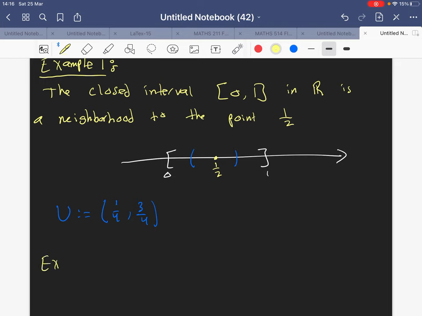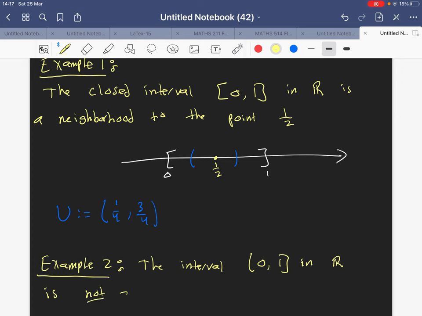Now, let's see another example. Example number 2. And this time, I will choose the interval that starts from 0 open to 1 closed. Again, in the Euclidean topology of the real numbers. Of course, this is not a neighborhood for the point P equals 0.